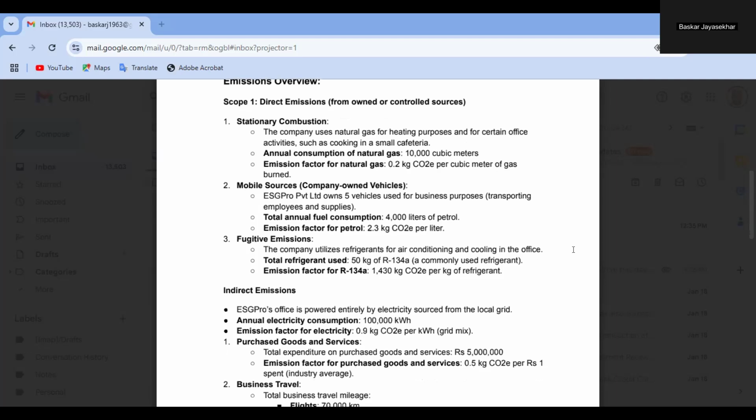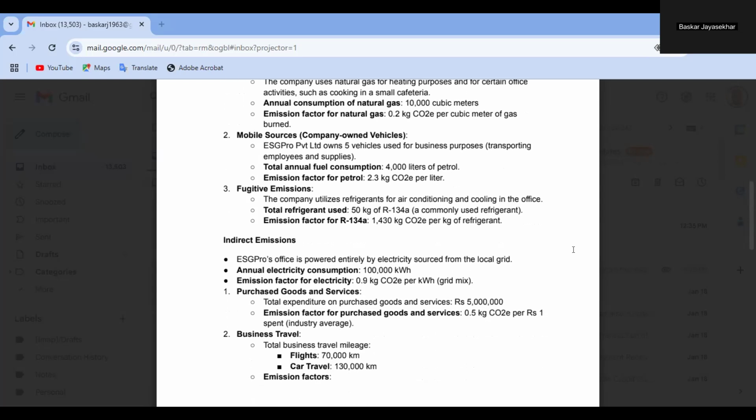Scope 1, direct emissions from owned or controlled sources. Stationary combustion: the company uses natural gas for heating purposes and for certain office activities such as cooking in a small cafeteria. The annual consumption of natural gas is about 10,000 cubic meters. The emission factor for natural gas is 0.2 kg CO2 equivalent per cubic meter of gas burned.